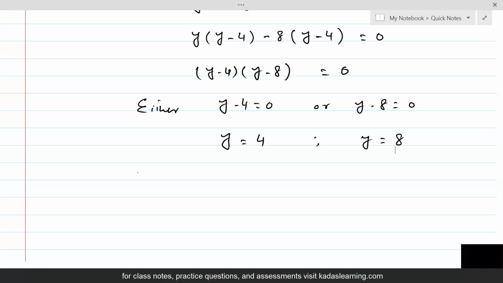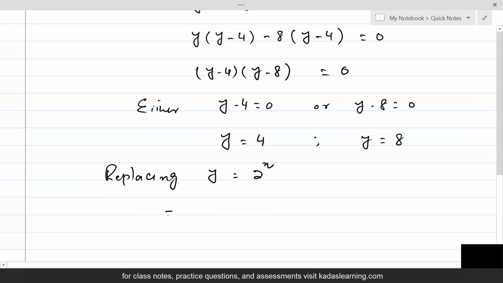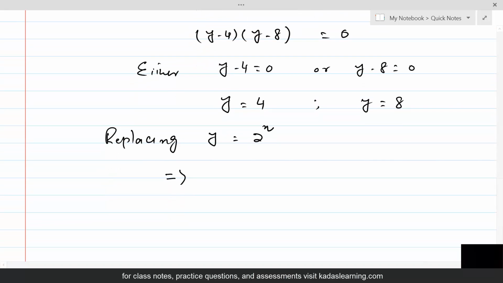Replacing y with 2 power x. What was the assumption? y equal to 2 power x. So if we replace y by this value, this will be 2 power x equal to 4, and here it would be 2 power x equal to 8.